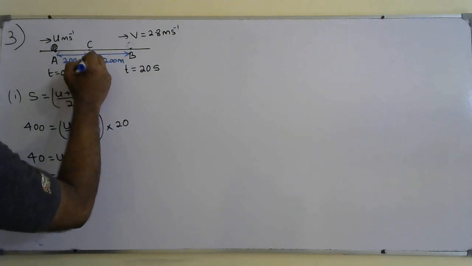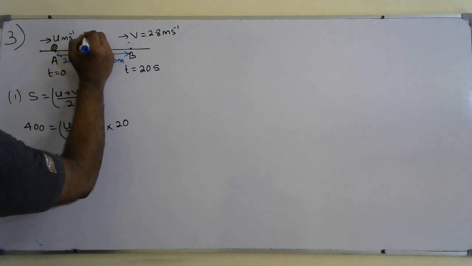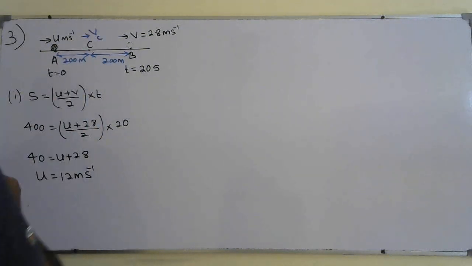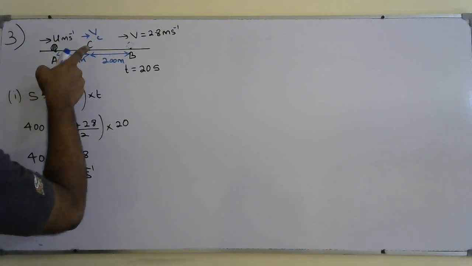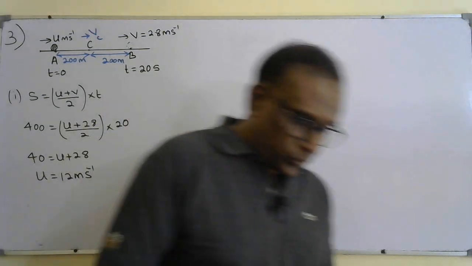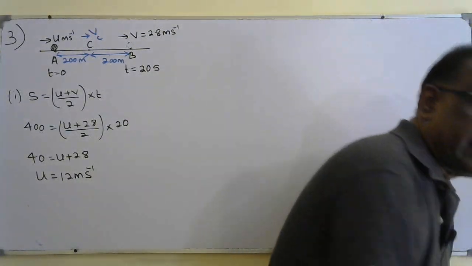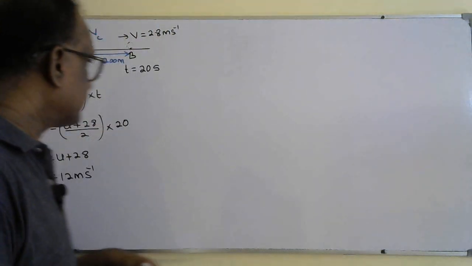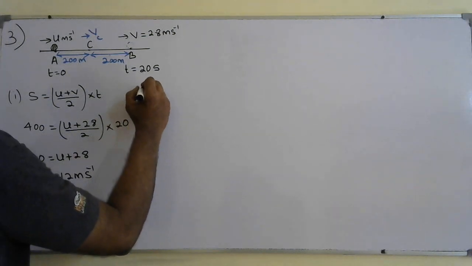Okay, the speed at C we take as VC. The question is, what is the time taken to move from A to C? We can do that in different ways, but we need to find the acceleration first.